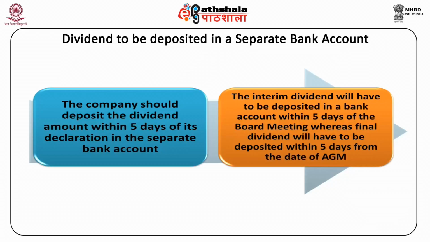The interim dividend will have to be deposited in a bank account within 5 days of the board meeting, whereas final dividend will have to be deposited within 5 days from the date of annual general meeting in which it was approved by the shareholders.